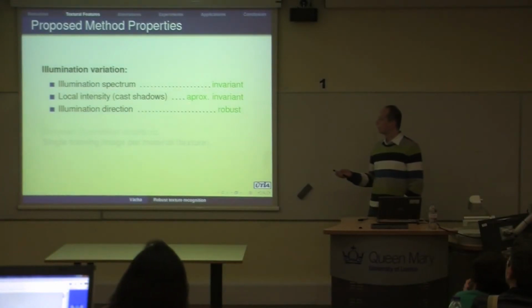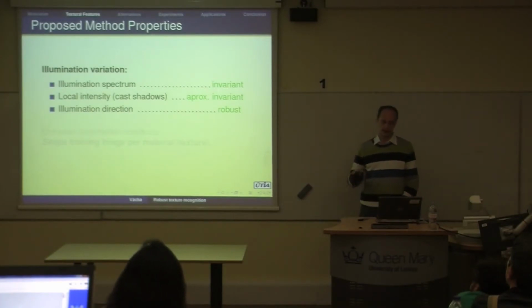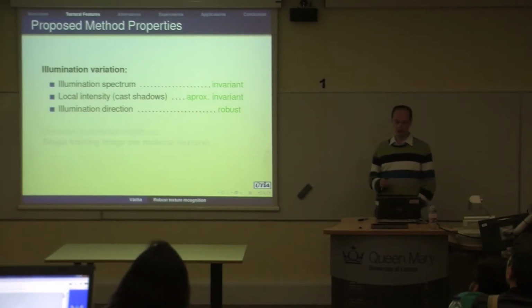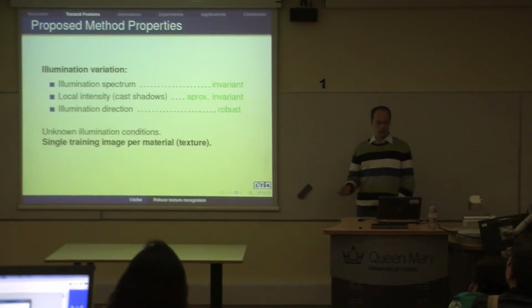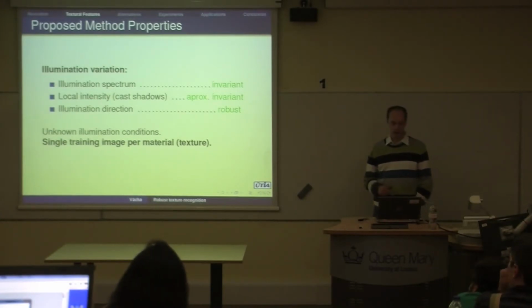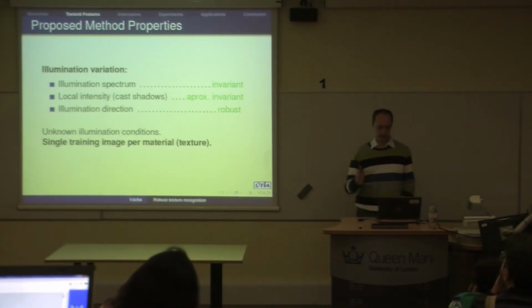They are approximately invariant to local intensity changes, and from experiments we know they are also quite robust to illumination direction changes. Most importantly, it works under unknown illumination conditions and with a single training image per texture.